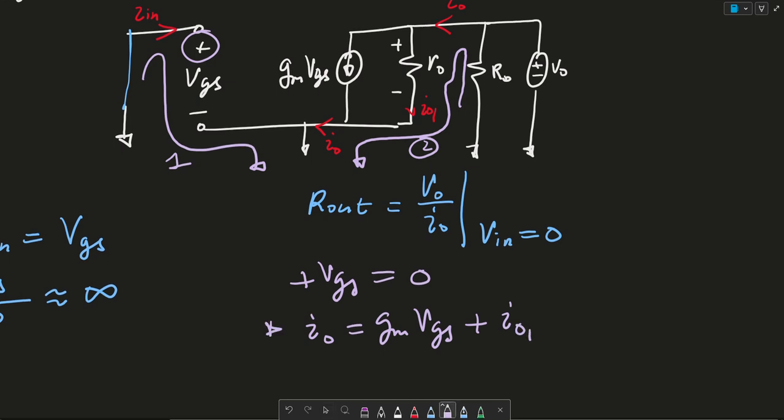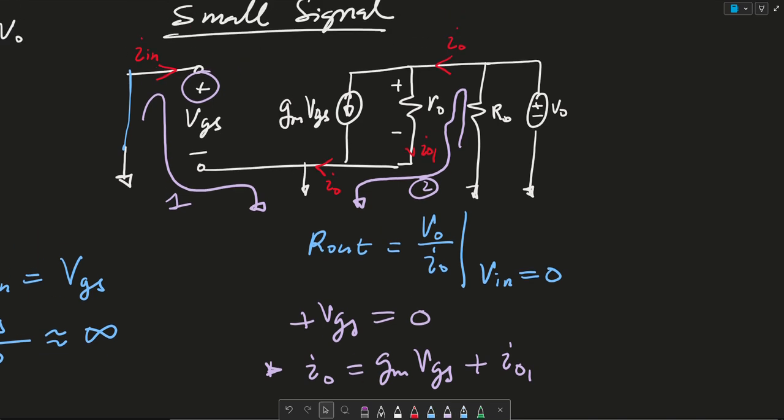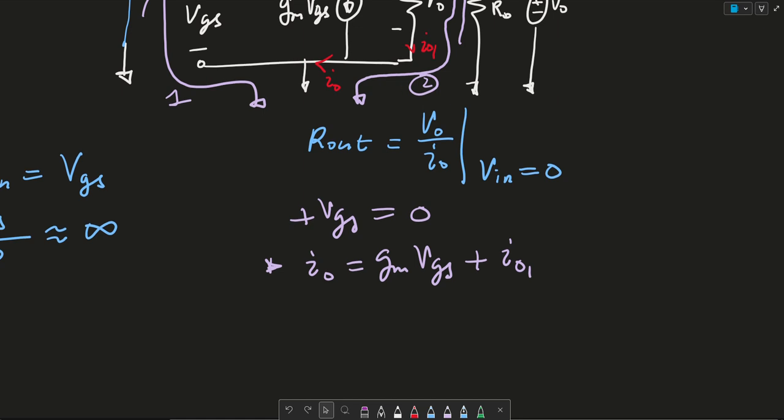Again, this KCL says that this IO coming in here is equal to this current going here and this current coming in here. As a result, we know VGS is equal to 0, so this goes to 0, and then IO is equal to IO1. So we could say that this is my first equation and this is my second equation.